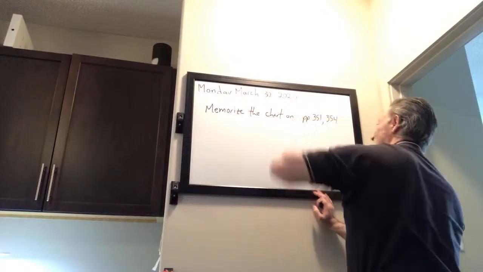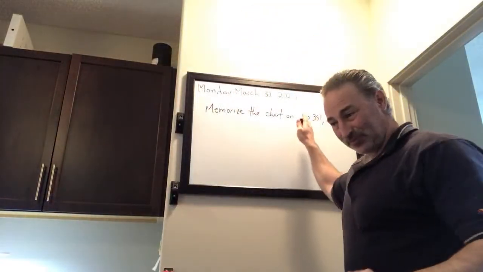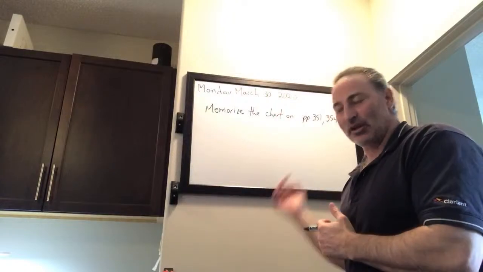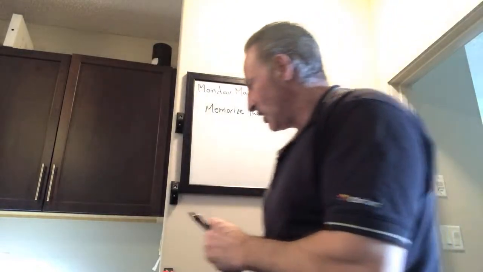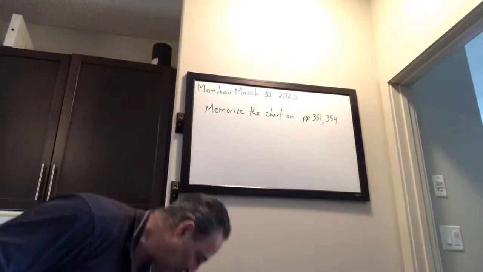That's basically what you're going to be tested on. So after that, it's all about just going through the rules and drawing the molecule. I'll show you an example of how it works, and you'll see it's pretty easy, but you got to memorize that chart, those two charts, 351 and 354.